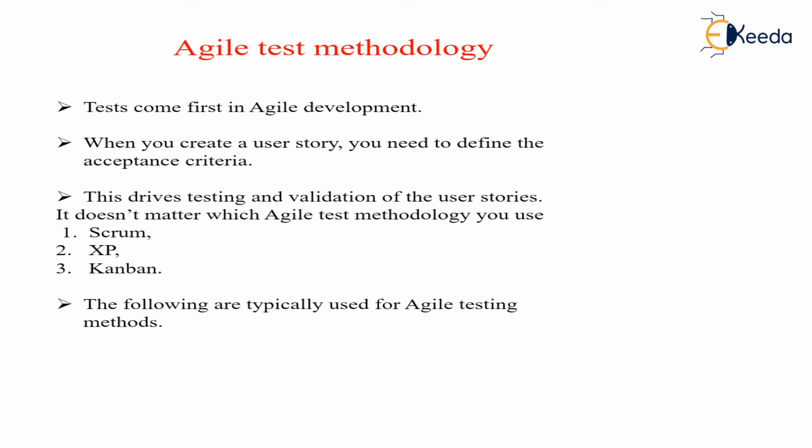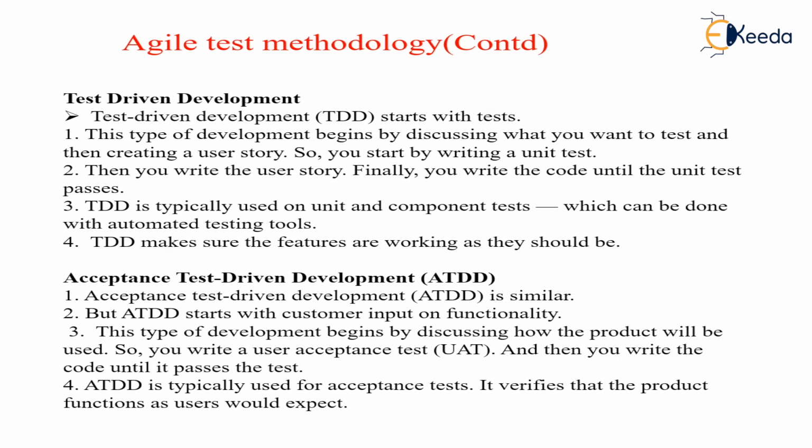These are the following methods used. The first is the test-driven approach. In the test-driven approach, it starts with the test, creating the user story, which is written as a unit test. Then you write the code until the unit test passes.